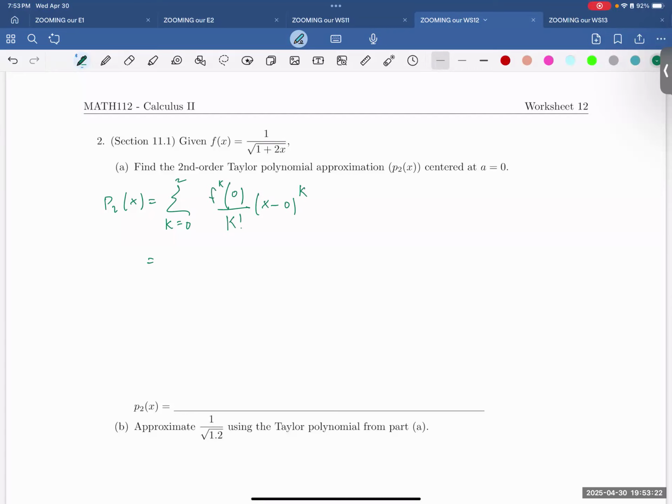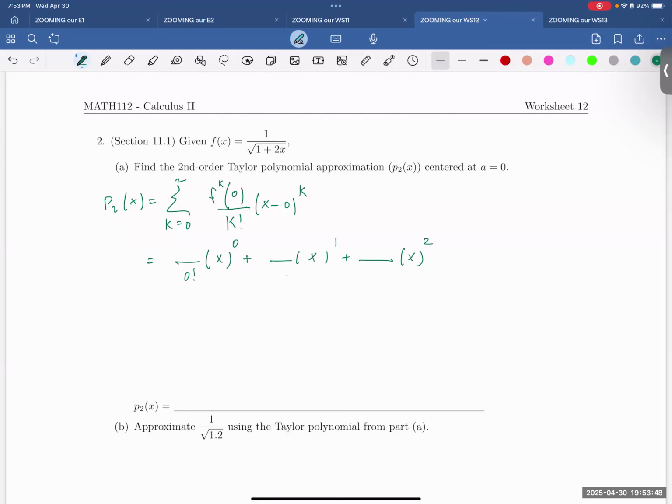So 3 terms total, and we need to write out the terms. All of our terms have a fraction. They all have x to the k. Let's see. So let's write it like this. Those are our 3 terms. The exponents are all k: k is 0, k is 1, k is 2.